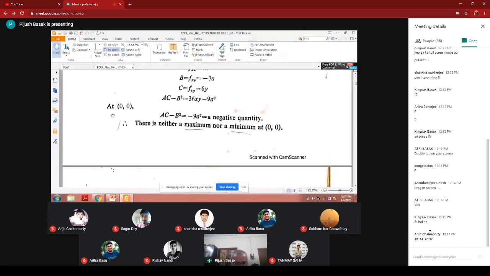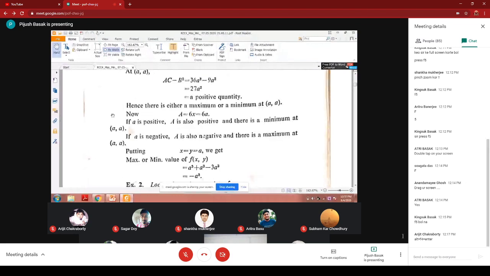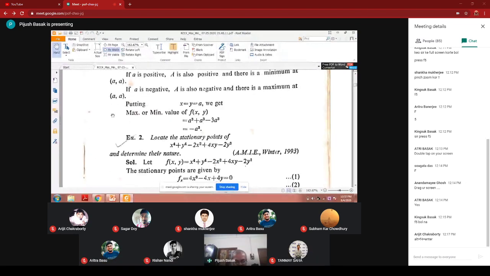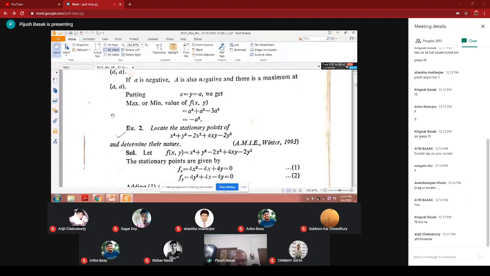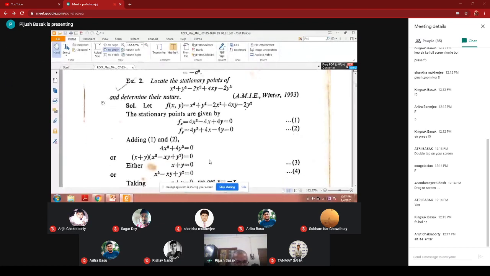Then come back to the second problem. I think you have understood; you are intelligent enough, one thing I have discussed, it is easy for you. Locate the stationary points of this curve, x^4 plus y^4 minus 2x square plus 4xy minus 2y square, and determine their nature, whether maximum, minimum, or anything else.